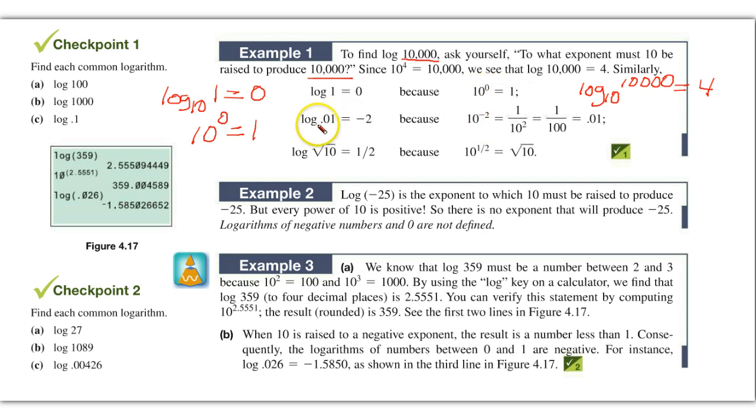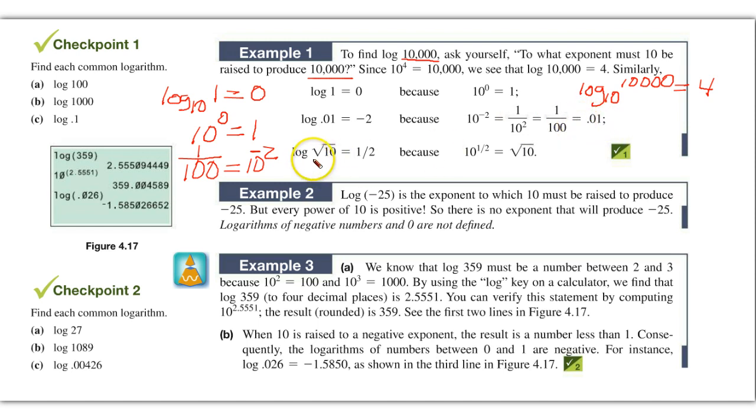Now, when we have a negative exponent, remember that gives us the reciprocal of what 100 would be. 100 is 10 to the second. So if we had that to the negative 2 now, this would be 1 over 100. And that's what they're showing here. And we write it in its decimal form.